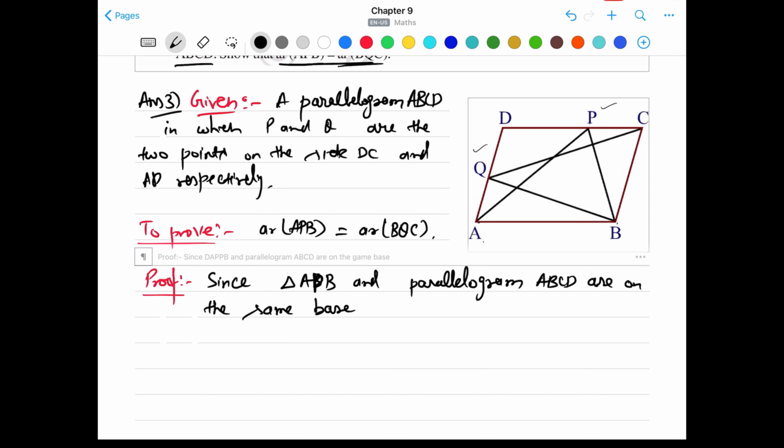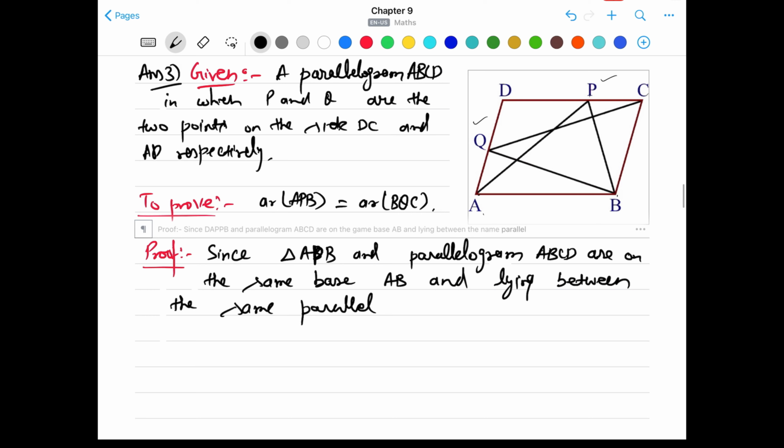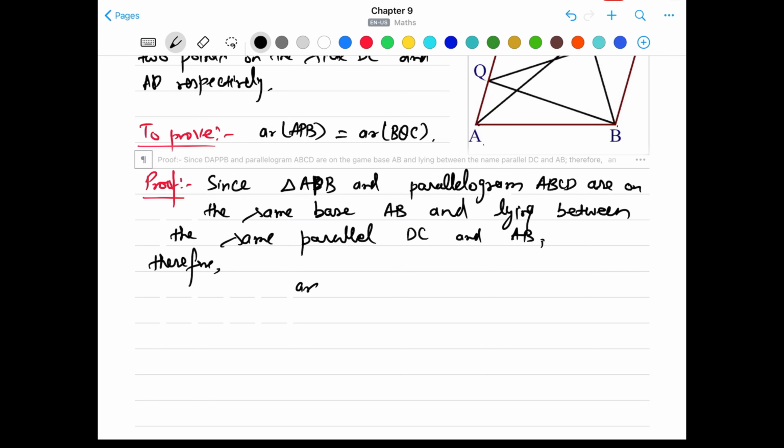The same base for APB and ABCD is AB, and lying between the same parallels, those parallel lines here being DC and AB. Okay, therefore the area of triangle APB will be equal to half the area of the parallelogram ABCD.